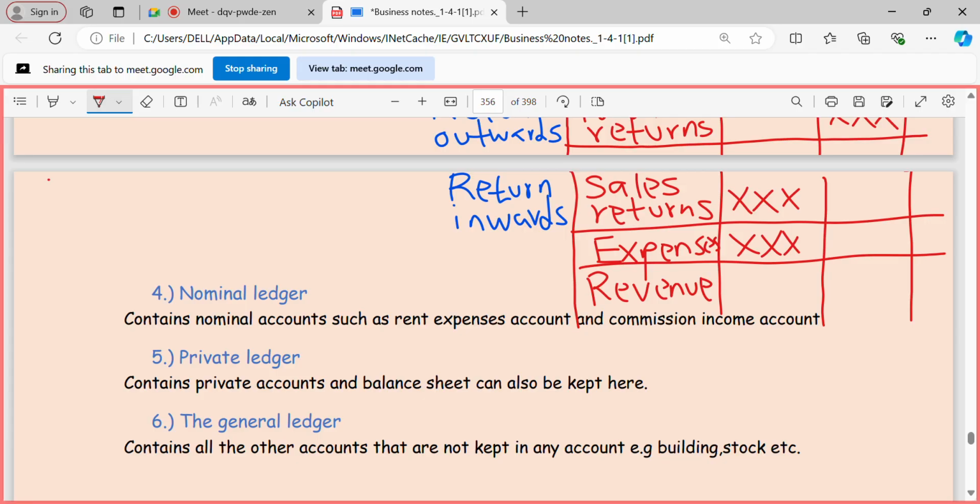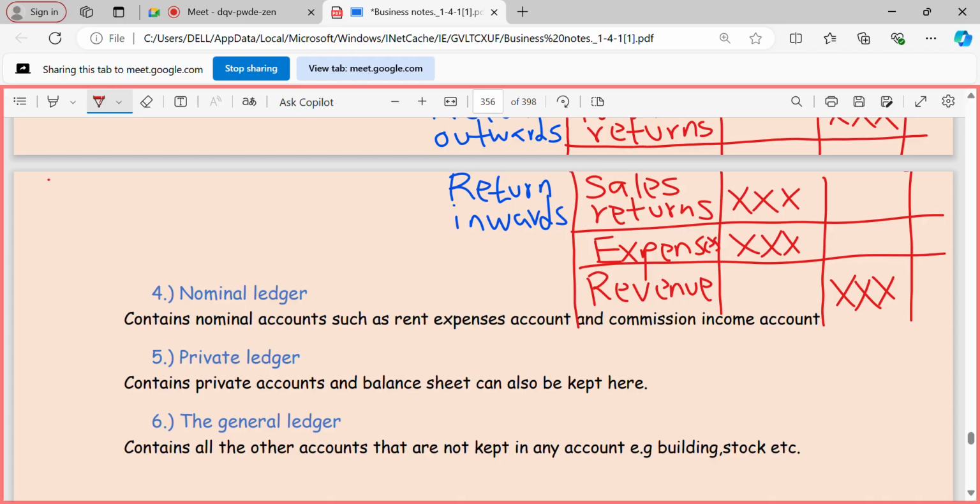That is an expense. Water bill is an expense. Electricity bill is an expense. Insurance premiums are an expense. So those are expenses, and you debit them.